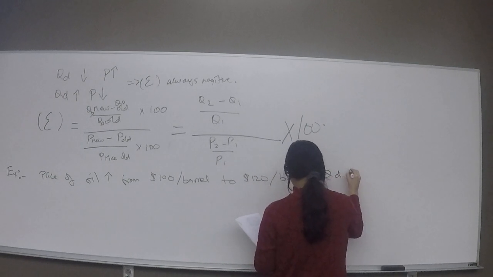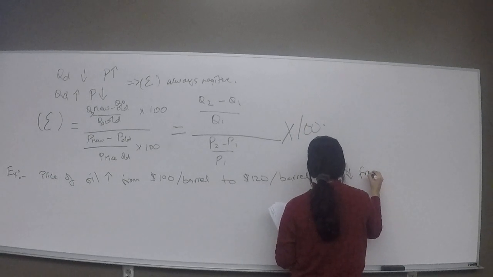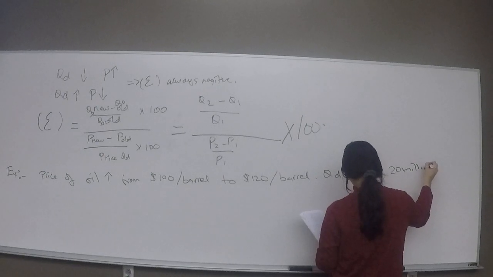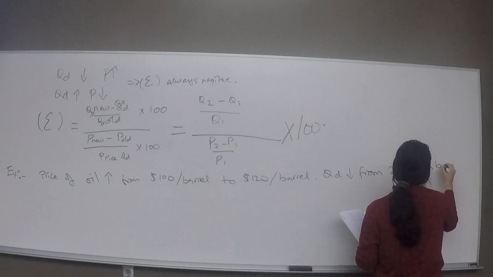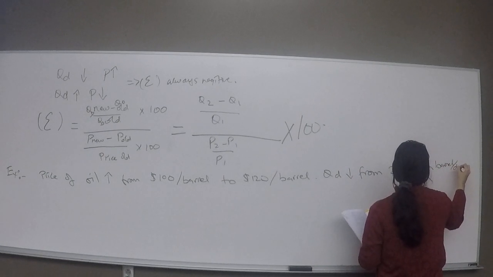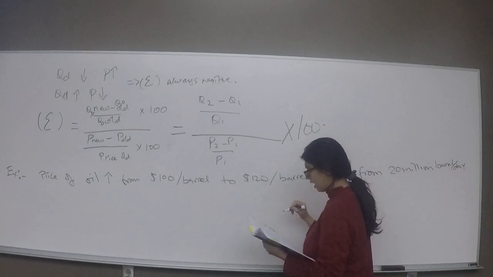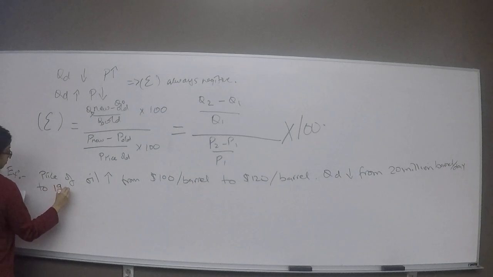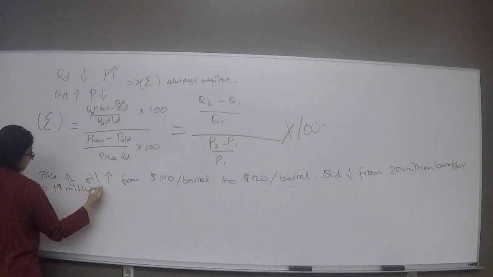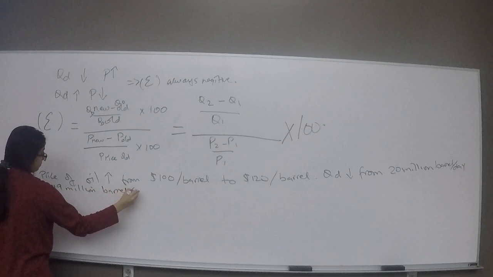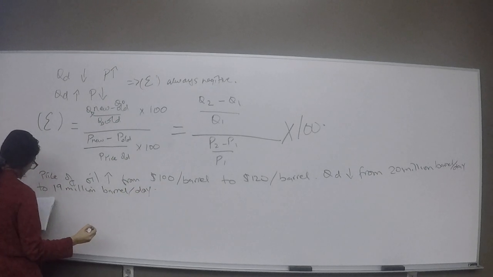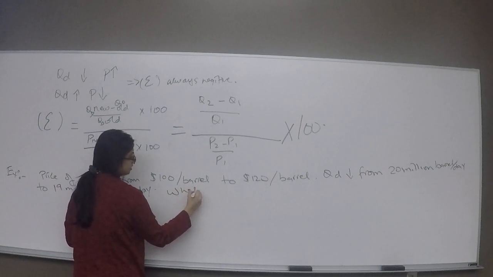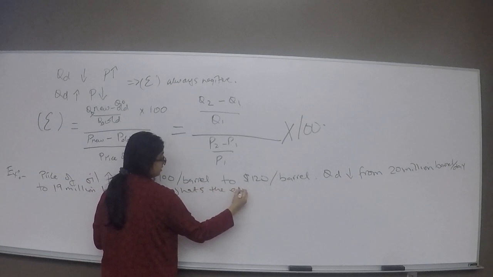Quantity demand decreases from 20 million barrel per day to 19 million barrel per day. Calculate the elasticity. What's the elasticity?